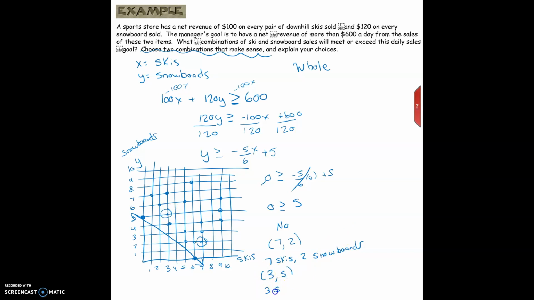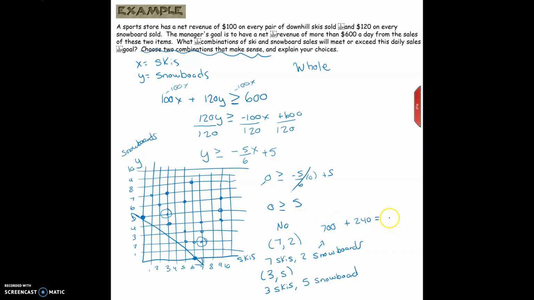So 3 skis and 5 snowboards. Now explain your choice. If you wanted, you could show that 7 skis is going to be $700 and 2 snowboards would be $240.